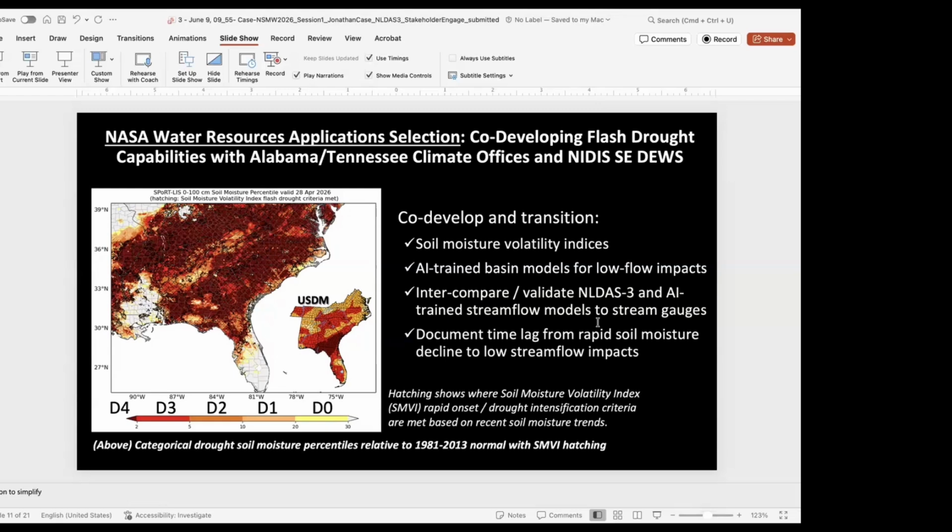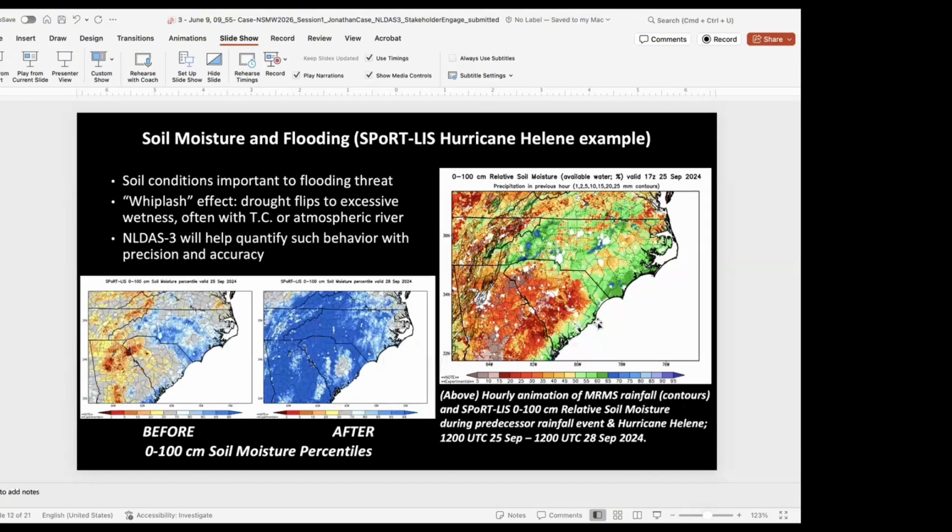And then we're also going to look at AI-trained basins to look at low flow predictions and link those to the soil moisture volatility and the rapid decline in soil moisture, linking that to low flow impacts, and find the time lags between rapid soil moisture declines and low flow hydrology. So that's going to be an exciting project we're going to look at over the next 3 years.